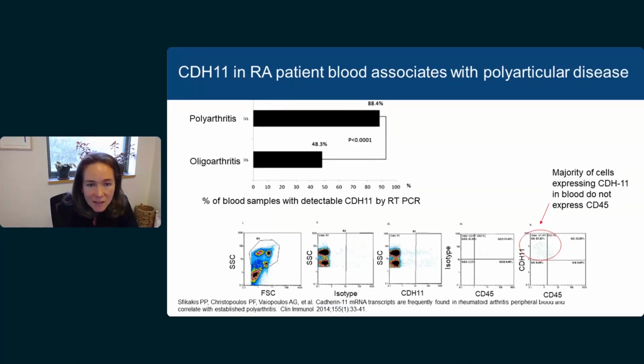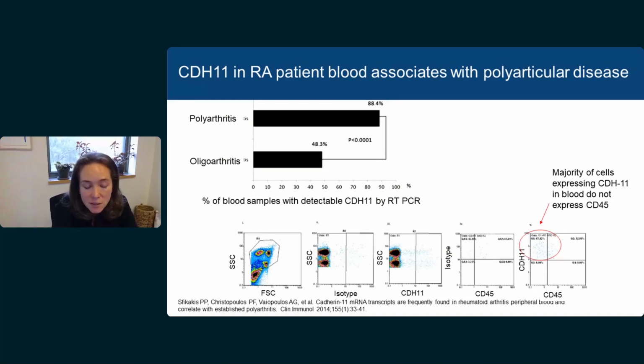This group that was looking at blood samples of patients with rheumatoid arthritis who had either polyarticular disease, so many joints involved, or oligoarticular disease, few joints involved, found that cadherin 11, which is robustly expressed by synovial fibroblasts, by RT-PCR, was increased in the blood of patients with polyarticular arthritis.